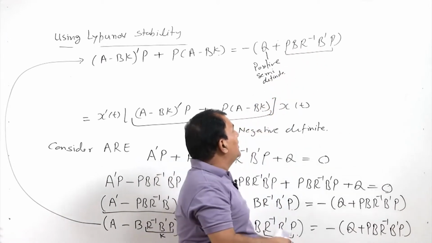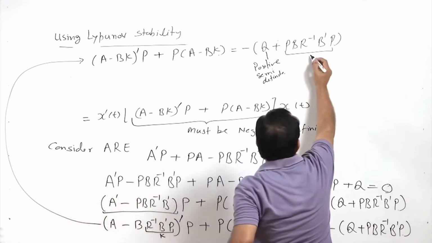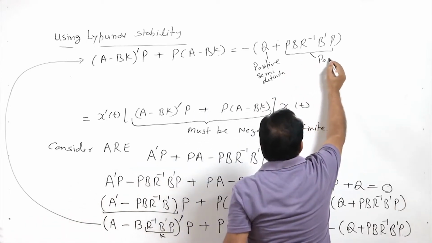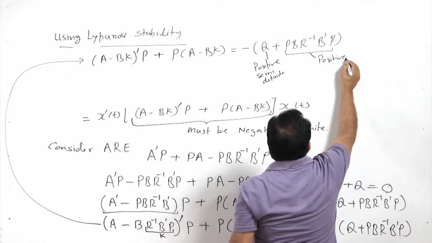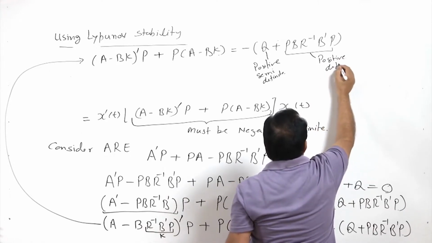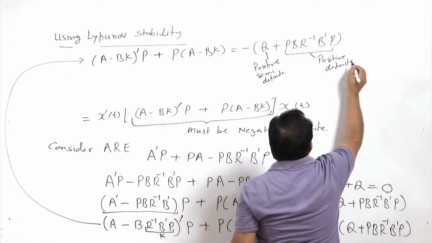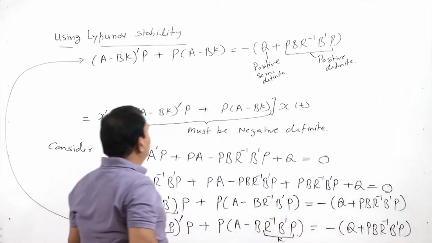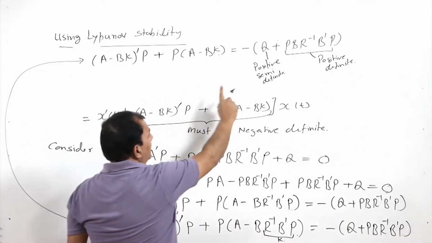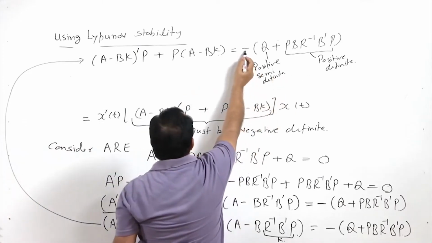So, my second term always will be a positive definite matrix, and this positive definite is with negative sign.